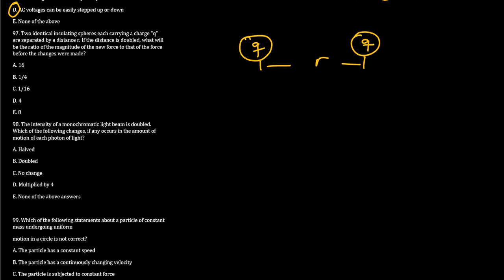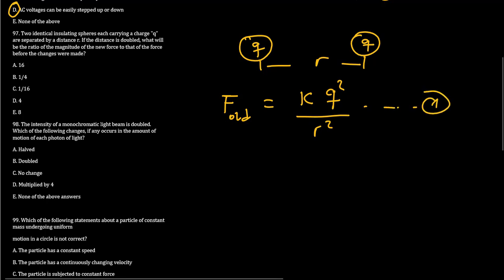When they are separated by a distance of r, F old will be equal to K Q squared divided by r squared, where K is a constant. This is the expression of Coulomb's law, the force between two charges. We'll call that equation 1.